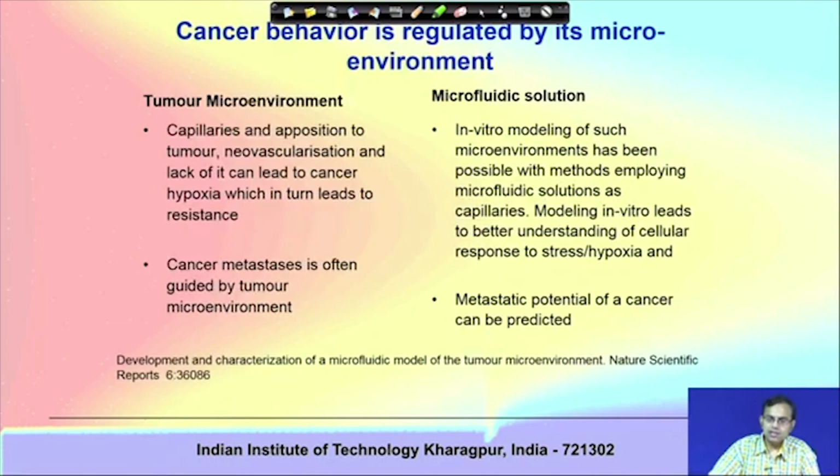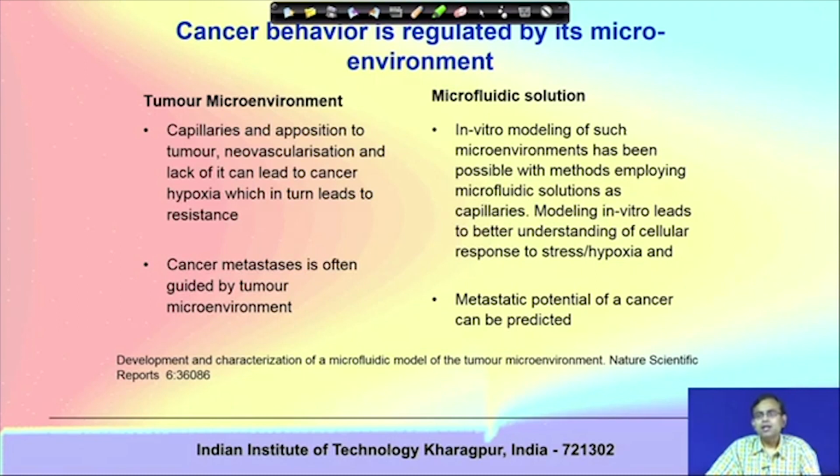So, when the tumor cells circulate, it is possible to create an in vitro model of the microenvironment through which the cancer cell is circulating. That means an engineering device is created which mimics the blood vessels across which the tumor cell is circulating and proliferating.